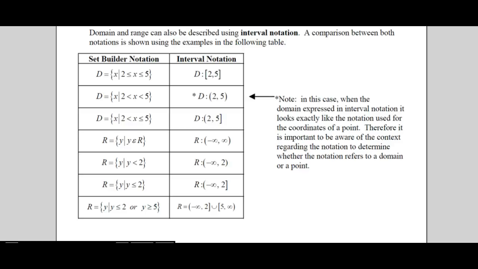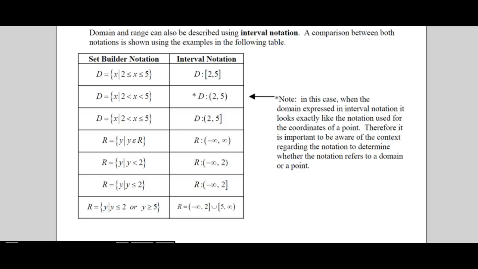For all real numbers, there is no negative infinity to include, so for all real numbers we use round brackets, or parentheses. So it's from negative infinity to infinity. You're saying it goes from negative infinity to infinity. Those aren't numbers. You can't say it includes infinity. No. So we use parentheses.